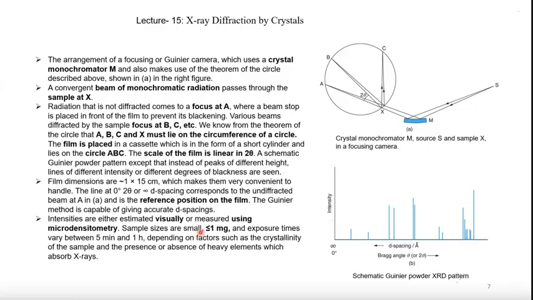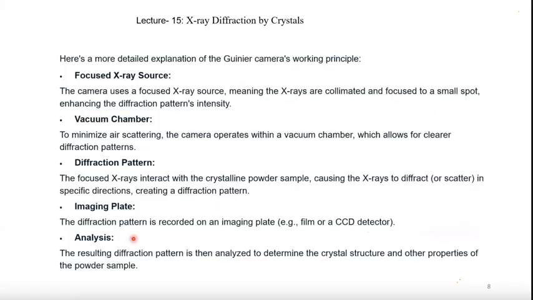And as I said, very little sample is required, less than 1 milligram, and exposure time is between 5 minutes and 1 hour, depending on factors such as crystallinity of the sample and the presence or absence of heavy elements which absorb X-rays.